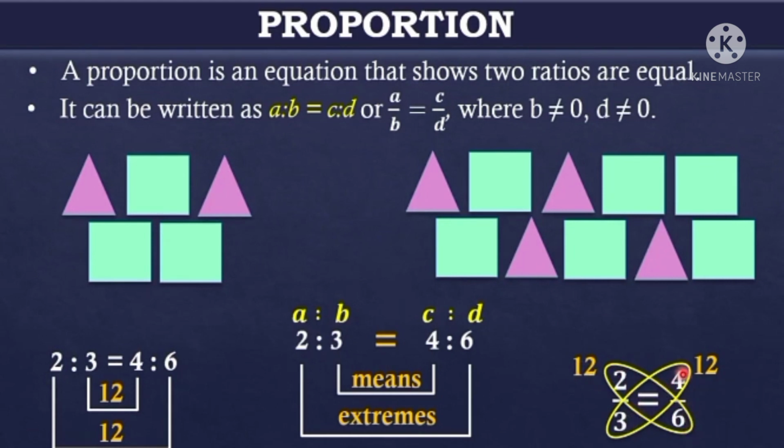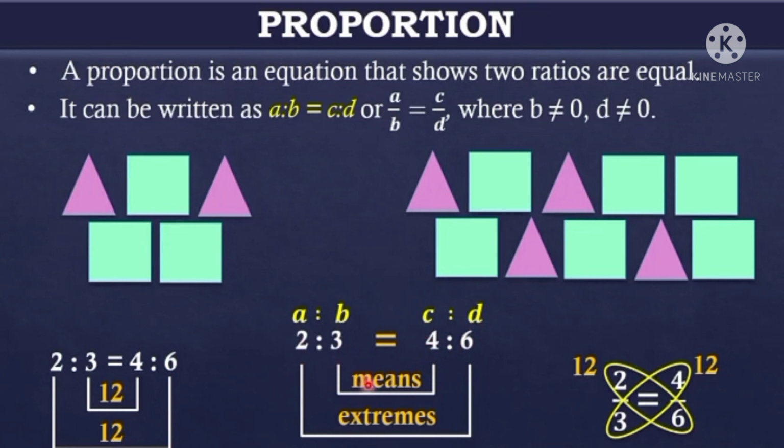That is A times D is equal to B times C. Again, if the product of the means is equal to the product of the extremes, then the ratios are equal, then the proportion is true.